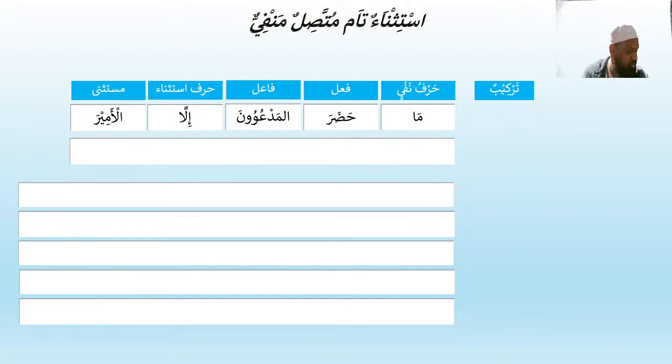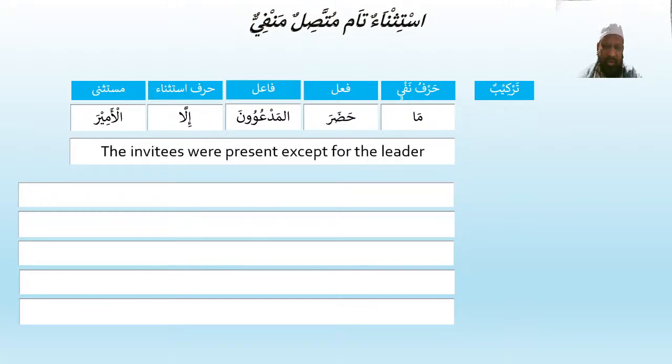Yes, حضر يحضر, to be present or to come. Both are correct. So let's say the invitees were not present except for the leader.